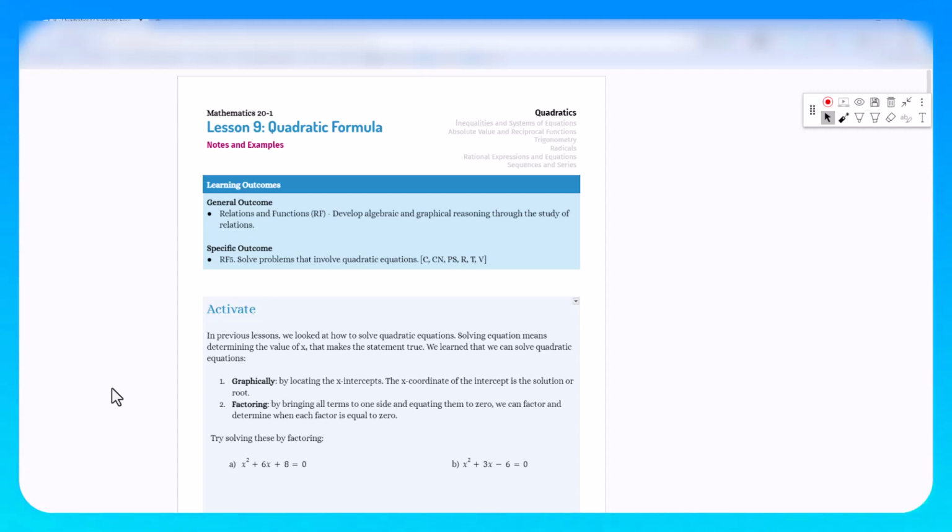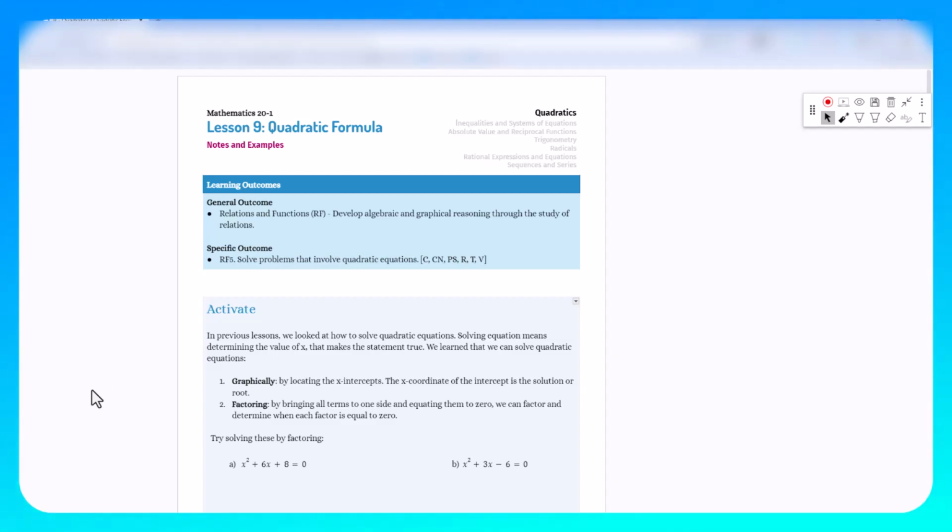One was graphically, and we were able to determine that the x-intercepts correspond to the roots or solutions of the equation. And we also learned that we could do factoring by bringing all terms to one side and making them equal to 0. We could then factor and determine when each factor is equal to 0.